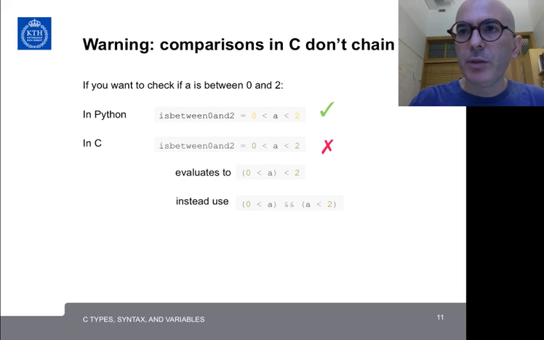One word of warning when you compare a variable to different values using chaining. Comparisons in C do not chain, so what is okay in Python to test if a variable is in the range of two values is not okay in C. In C, you are required to use the AND operator, whose symbol in C is ampersand, ampersand.